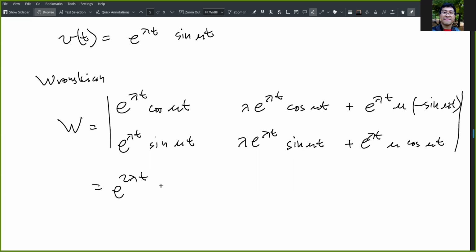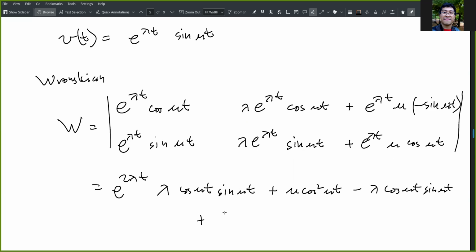Cosine is this, so that's λ cosine μt sine μt plus μ cosine squared μt, minus this times this: λ cosine μt sine μt, plus, instead of minus here, minus μ sine squared μt.